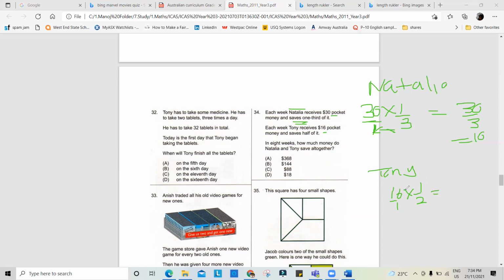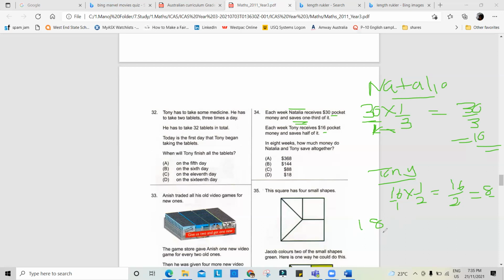We multiply top numbers, 16 multiplied by 1 is 16, bottom denominator 1 by 2, 2. 16 divided by 2 is 8. Tony saves $8. Natalia saves $10, right? Per week. It is 8 weeks. How much money do Natalia and Tony save? Both together, 10 and 8, $18, right?